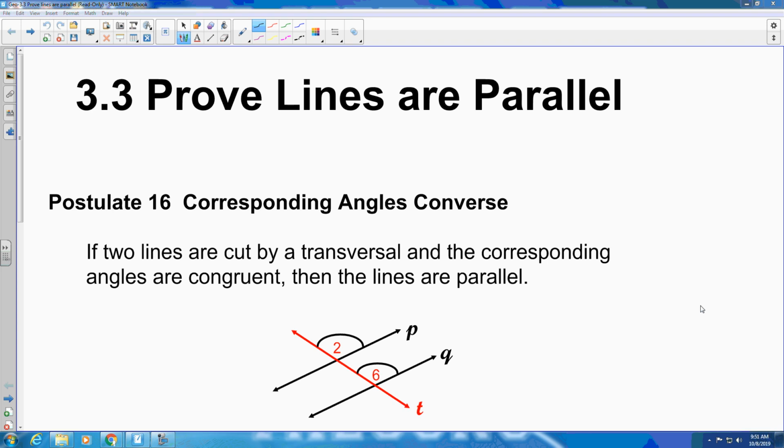Corresponding angles were congruent, alternating interior angles were congruent, alternating exterior angles were congruent, and the other item for talking points, consecutive interior angles were supplementary.